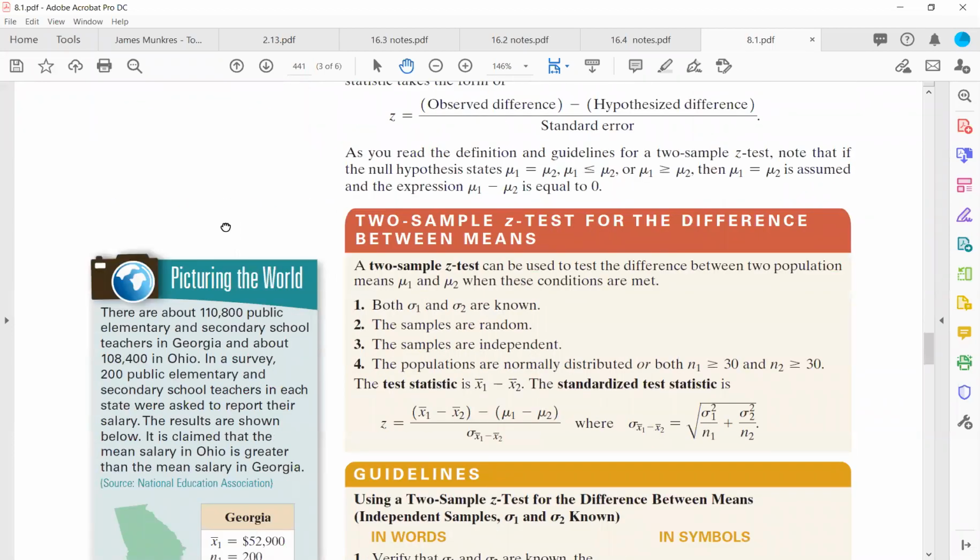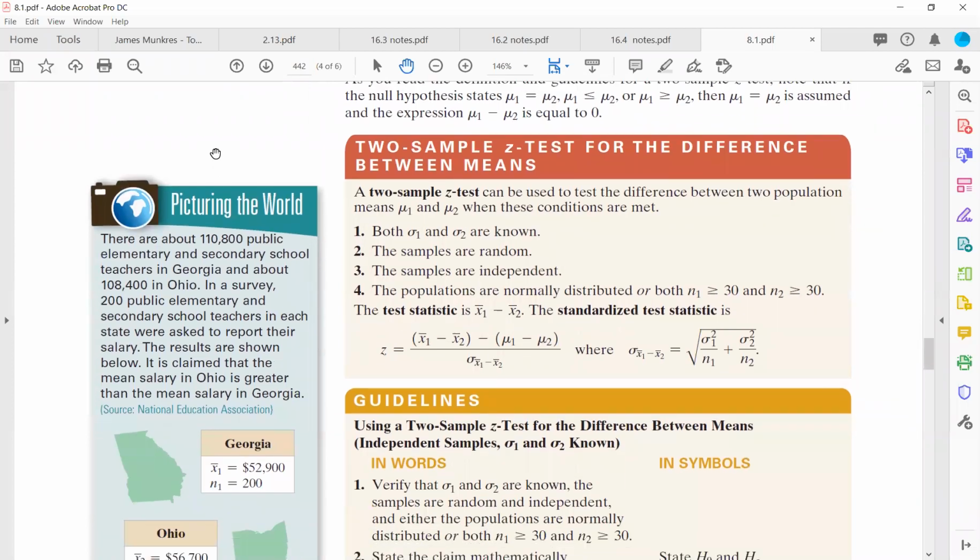Okay, let's take a look at the definition and the guideline. For a two-sample z-test, when samples are independent from each other, the test statistic is x1 bar minus x2 bar, and the standardized test statistic is z equals the difference in the sample means minus the difference in population means, which is 0, divided by standard error.